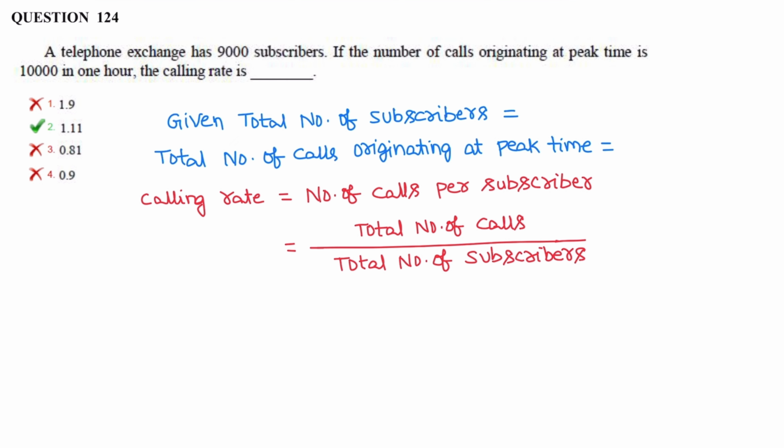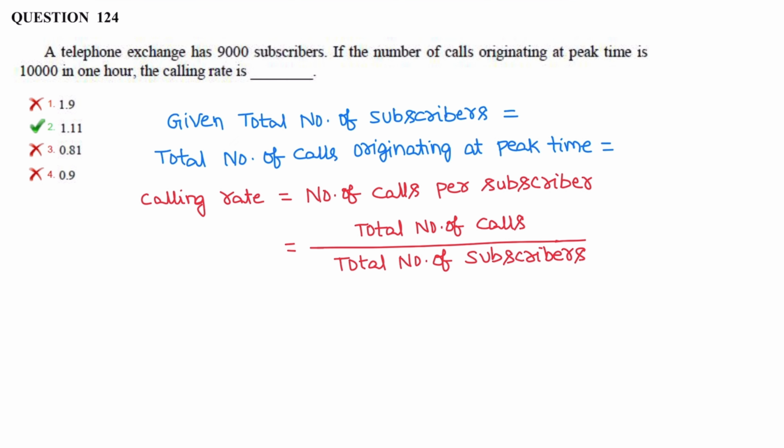Again, epitaxy is of two types, homoepitaxy and heteroepitaxy. This epitaxy is a process used to grow a thin crystalline layer on a crystal substrate. In this process, the substrate wafer acts as a seed crystal. Correct answer is option 1.